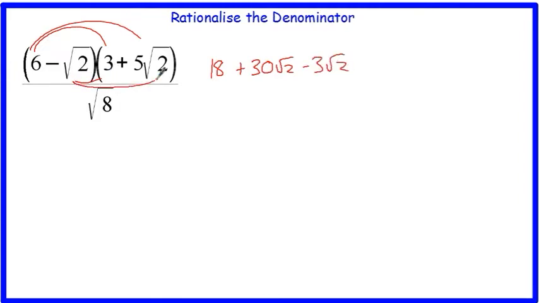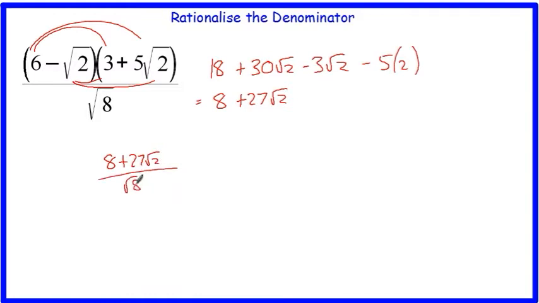And that's going to give me minus 5 root 2 times root 2 is just 2, which is going to be 10. So if I simplify that, I'm going to get 18 minus 10. And this is going to be plus 27 root 2. So I'm going to have 8 plus 27 root 2 all over root 8.